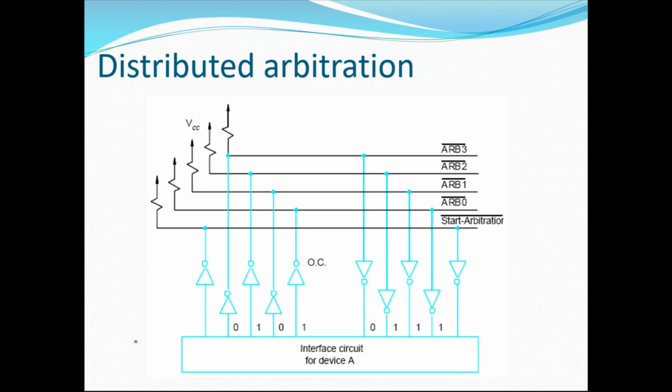Right? That is, whoever the device who want to claim the bus, they will create a 4-bit number and they will keep in the respective A or B line. That is, most significant bit will go to ARB3, next will go to ARB2, next will go to ARB1, next will go to ARB0. Okay, like that every device will keep it in their own circuit, right?